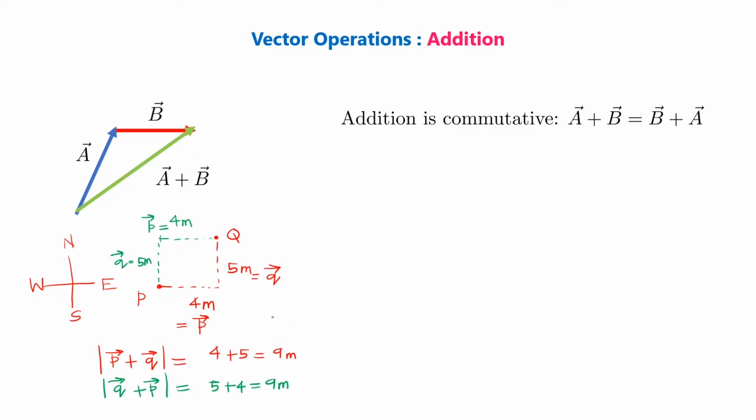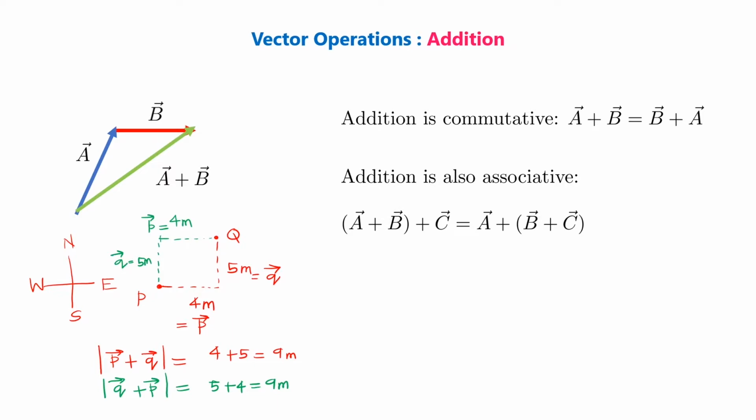So this is what the commutative law of addition means. Vector A plus vector B is equal to vector B plus vector A. And the addition is also associative. That means vector A plus (vector B plus C) is equal to (vector A plus vector B) plus C.